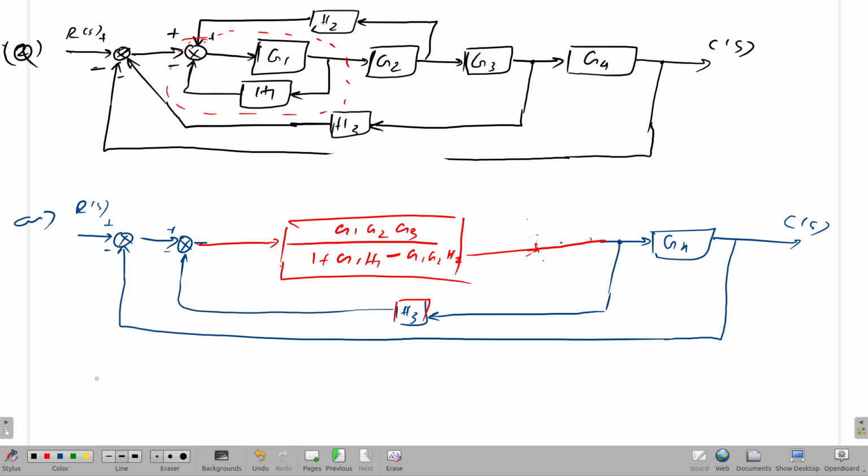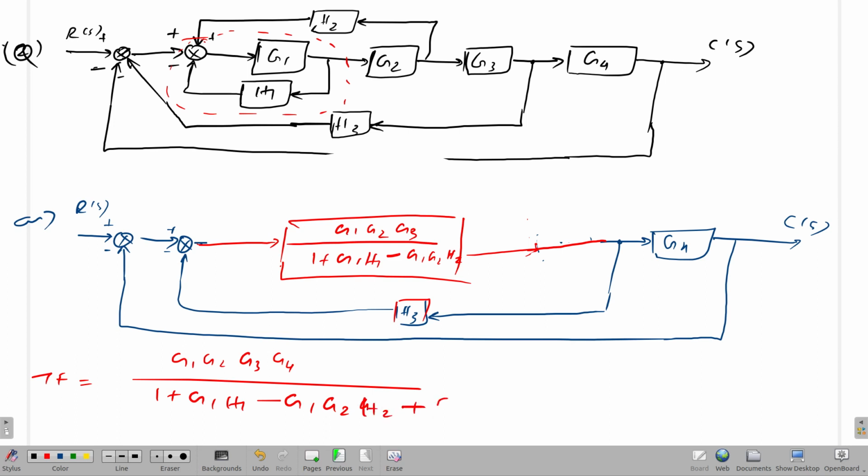So finally, your answer will be transfer function G1, G2, G3, G4 divided by 1 plus G1 H1 minus G1 G2 H2 plus G1 G2 G3 H3 plus G1 G2 G3 G4. Okay, this will be the final answer.